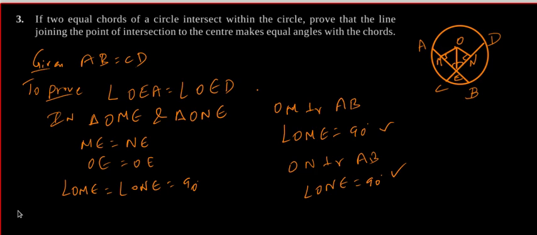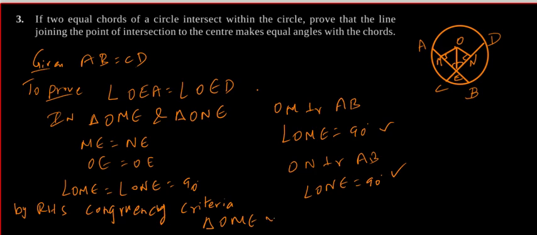So both triangles are congruent by RHS congruency criteria. So triangle OME is congruent to triangle ONE.